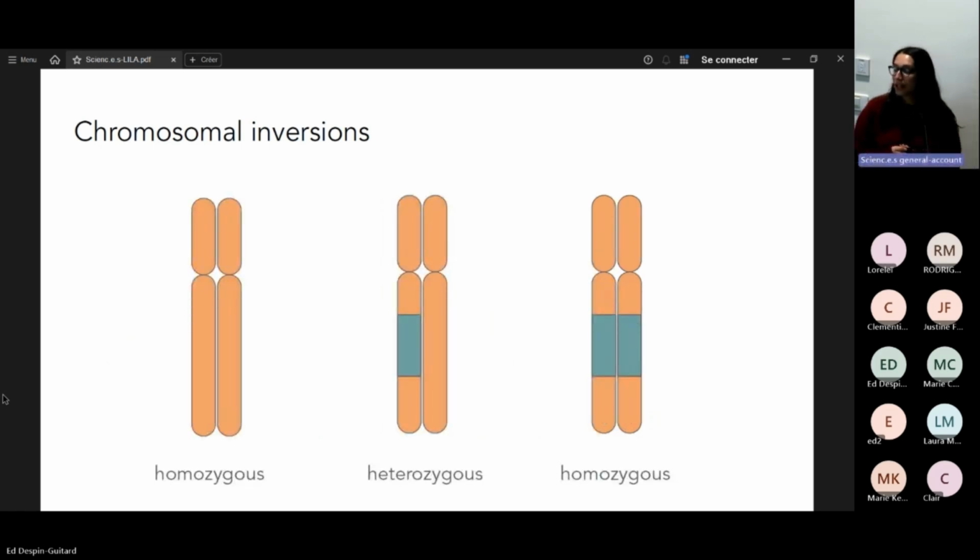In populations where individuals have chromosomal inversions, we can see three types of inversion alleles: individuals that are homozygous with no inversion, individuals homozygous with the inversion allele, and individuals that are heterozygous, so they have one chromosome with the inversion allele and one without.